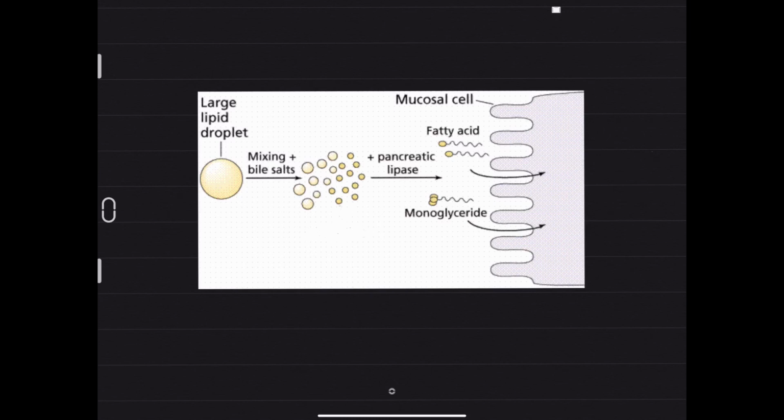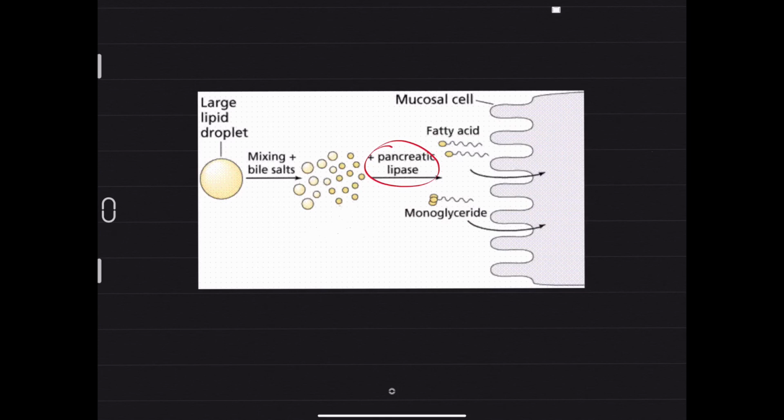So bile is emulsifying large lipid droplets into smaller lipid droplets. This allows for the pancreatic enzyme lipase here to start breaking down our smaller droplets of lipids into their constituent parts that you can see here and that are going to be absorbed through the mucosal cells.